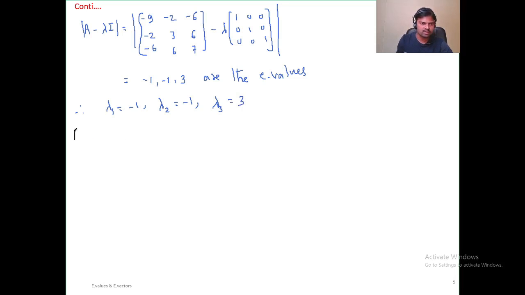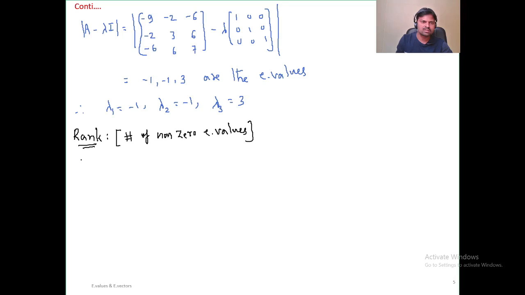Right? Now let us find the rank first. What is the rank? Rank is nothing but the number of non-zero eigenvalues. What is the number of non-zero eigenvalues here? All three are non-zero eigenvalues.